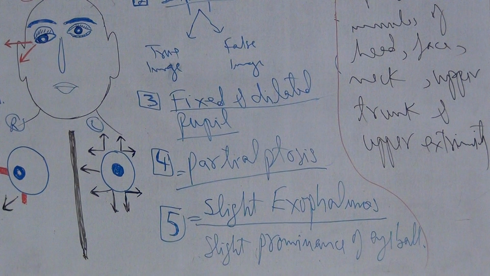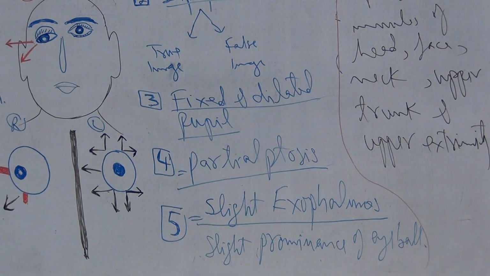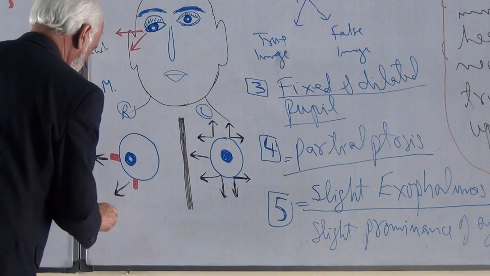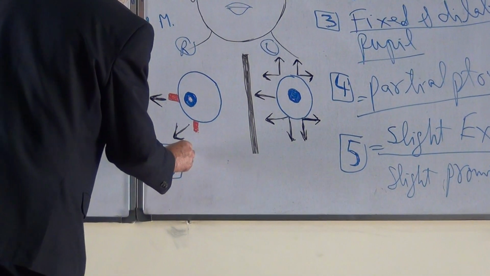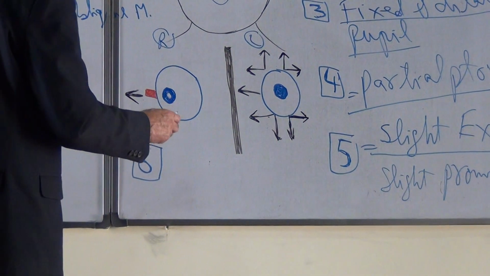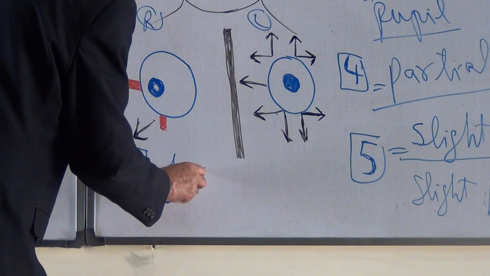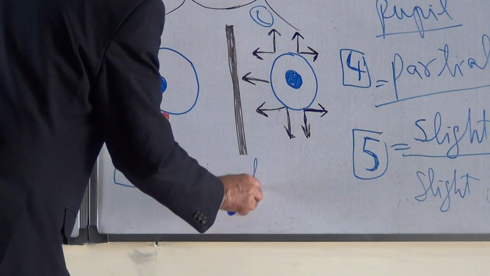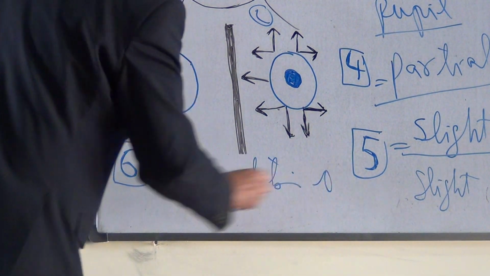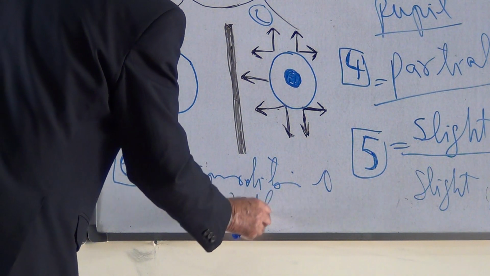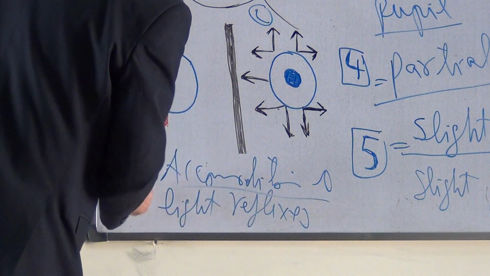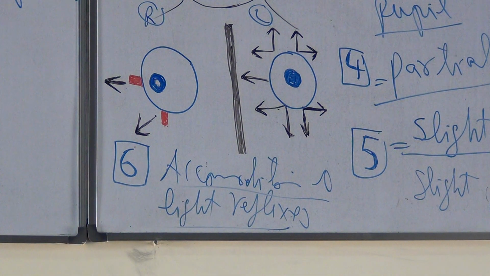And apart from this, there is another effect also, number 6. That will be accommodation and light reflex will be affected. Accommodation and light reflexes also will be affected in case of third nerve palsy.